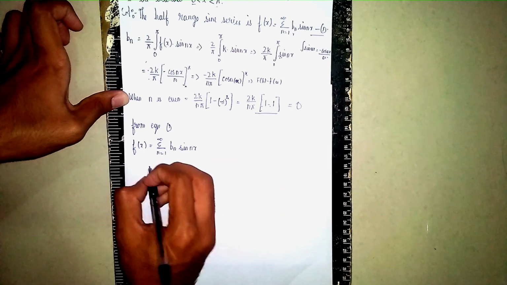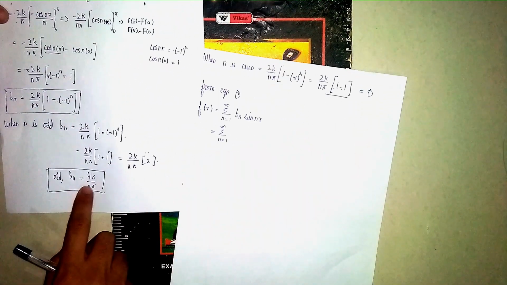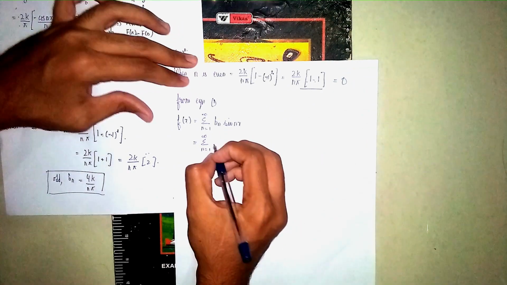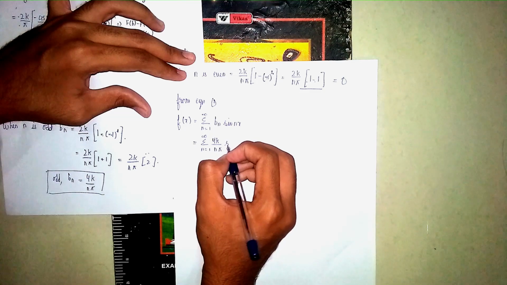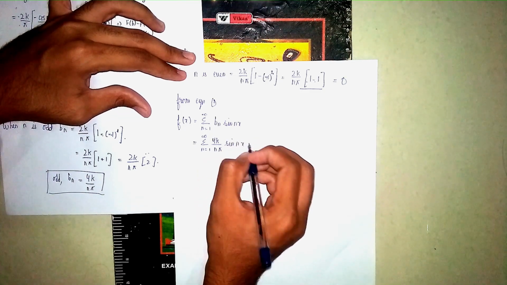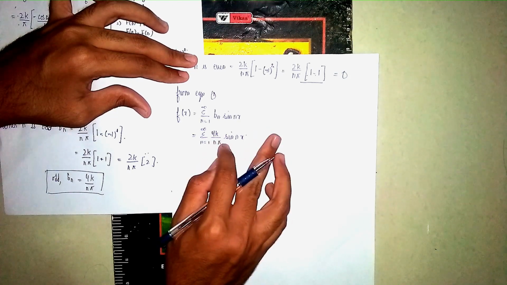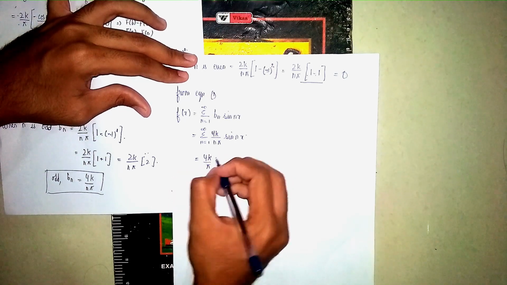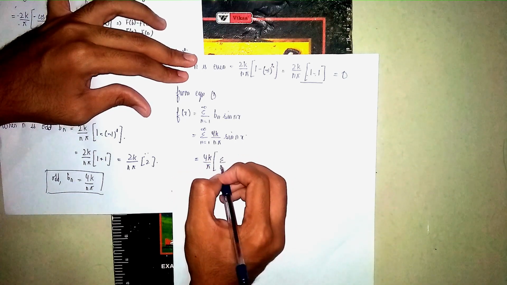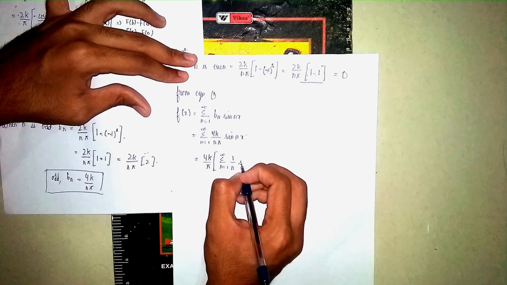Now bn, when n is odd, is 4k by n pi, then sine nx. Now take 4k by pi outside, square bracket, summation n is equal to 1 to infinity 1 by n sine nx.